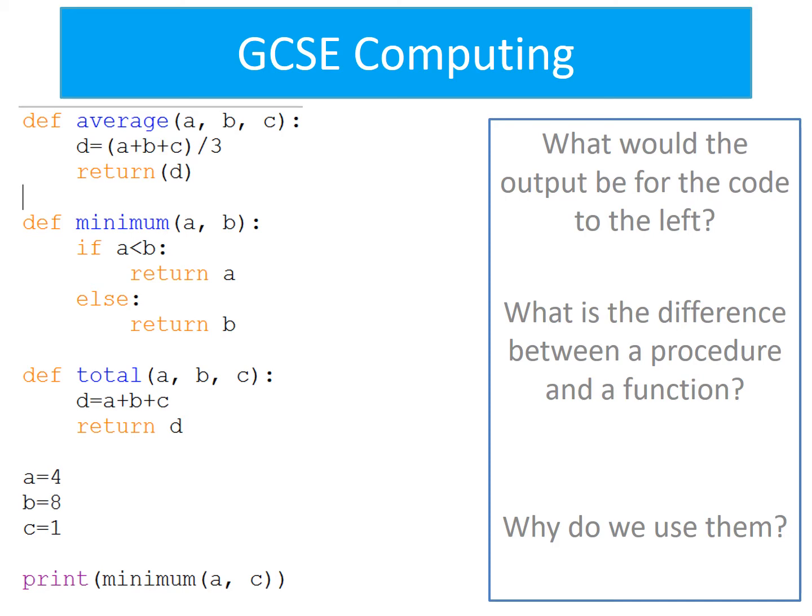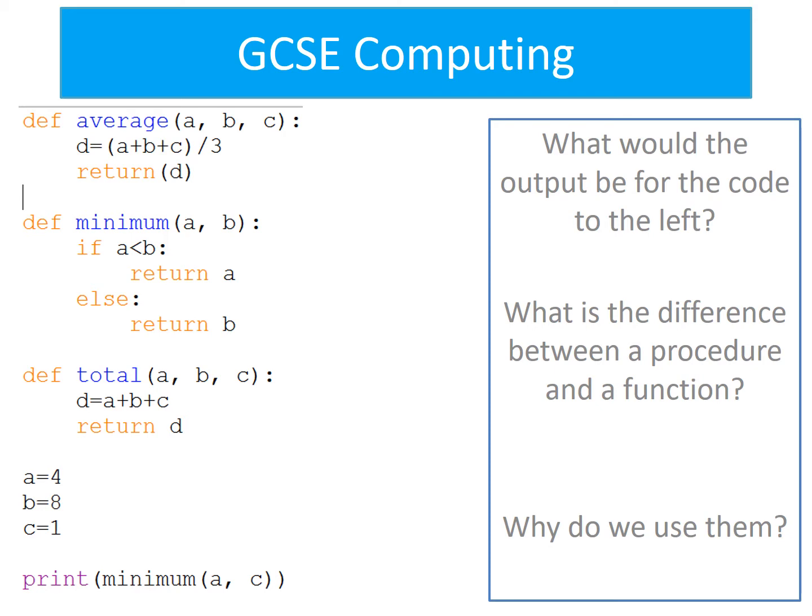Now, def minimum is expecting to receive 2 values, a and b. However, that's not 4 and 8. It would actually receive 4 and 1, because remember, we are sending it the values 4 and 1, a and c. When we get to def minimum, a and b are brand new variables, and this is why we need to make sure that our variables that we use inside functions and procedures are different to those that we use outside of them.